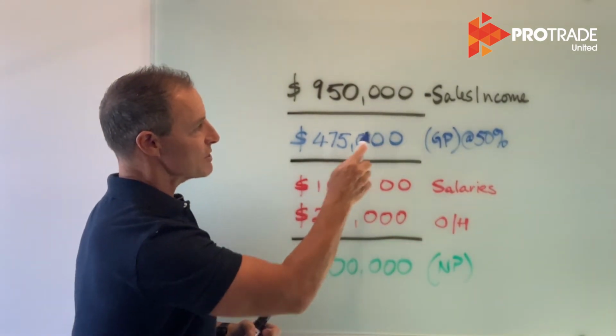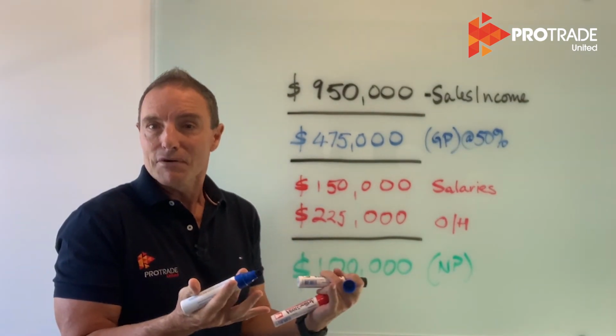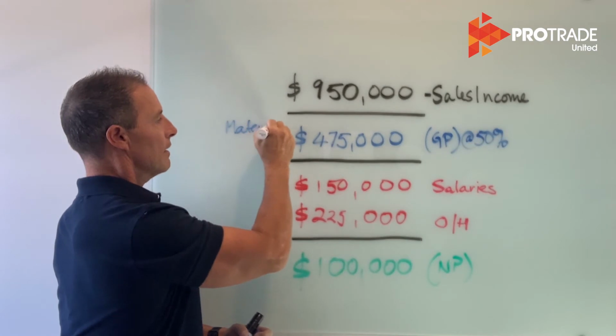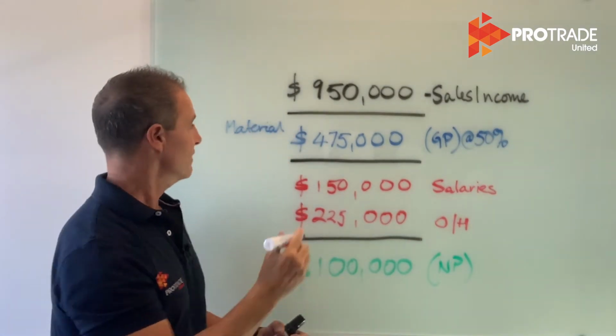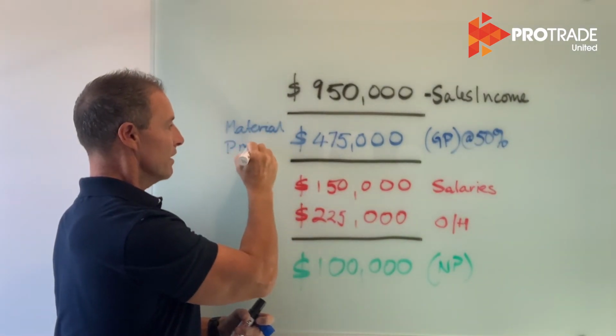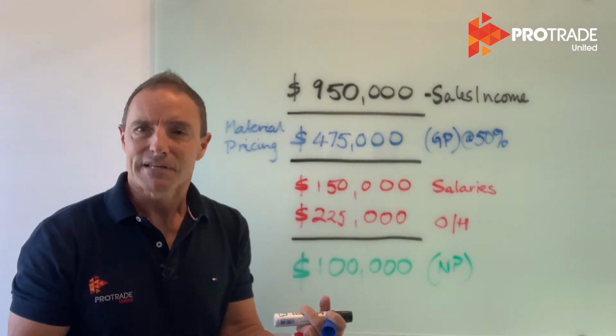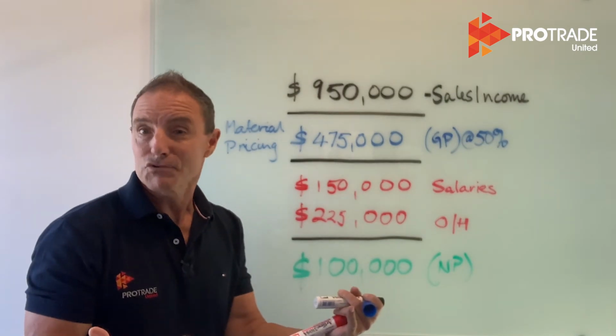So the things we can impact to improve our gross profitability are often things like our material purchasing, obviously our pricing, and obviously there are some other incidentals like equipment hire and subcontractors as well.